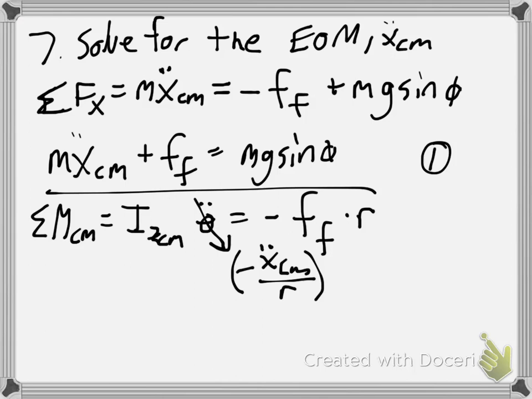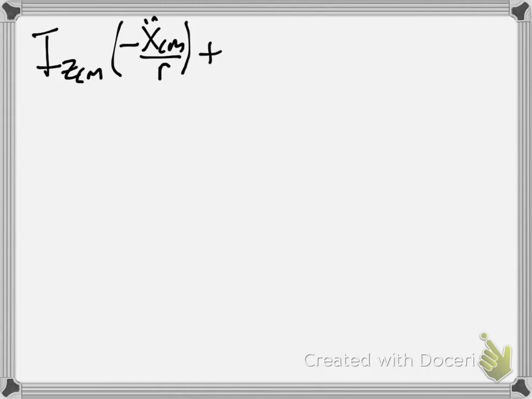So now, again, I want to get all the unknowns on the left. So I'll have I_z center of mass times a minus x double dot of the center of mass divided by r plus force of friction times r equals 0.